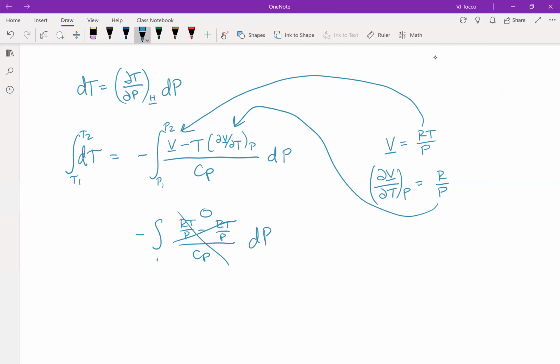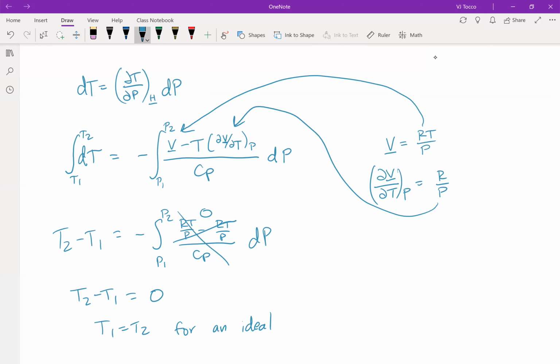The integral of dP from P1 to P2 is equal to T1 minus T2. No, I'm sorry. If the integrand is 0, then the whole integral is 0. So I've got T2 minus T1 is equal to 0, or T1 is equal to T2 for an ideal gas, which makes sense. This is exactly what we had found when we did Unisim.